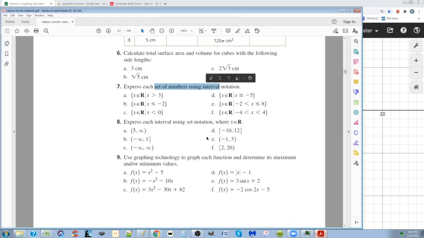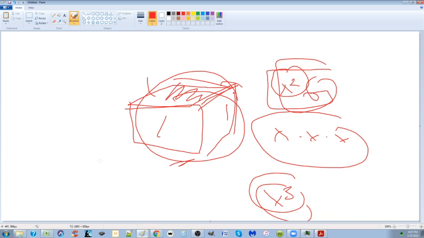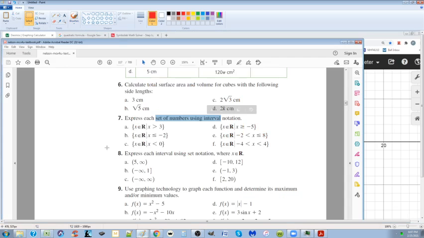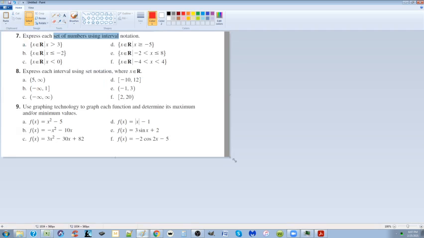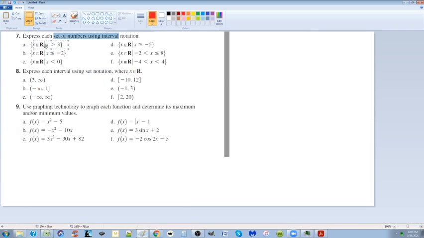Express each. Oh, this is sort of useful. Get back into your notation, how to do things in interval notation. Okay. So this is saying x is bigger than 3. How do we say that? We put a round bracket to say 3 is not included, comma, positive infinity, and infinity is never included as well.